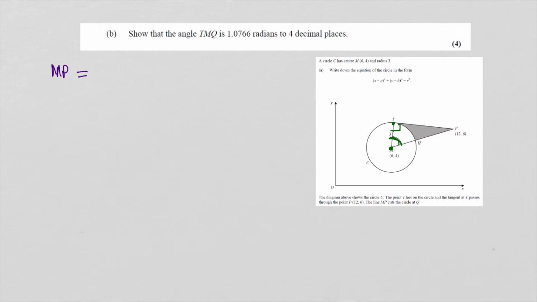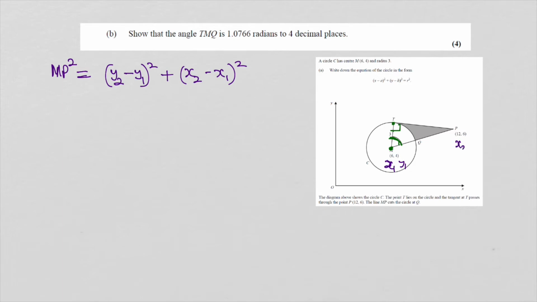So to find the distance MP, using Pythagoras, MP squared will be equal to, well, we use this formula: y2 minus y1 squared plus x2 minus x1 squared. This is x1, y1.